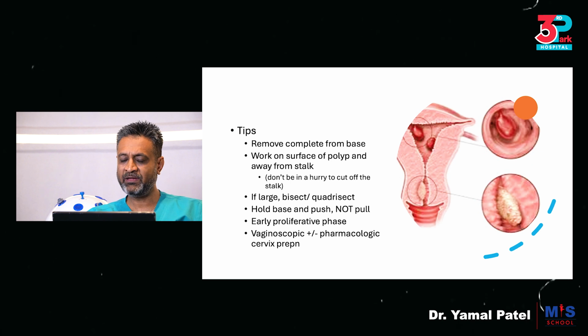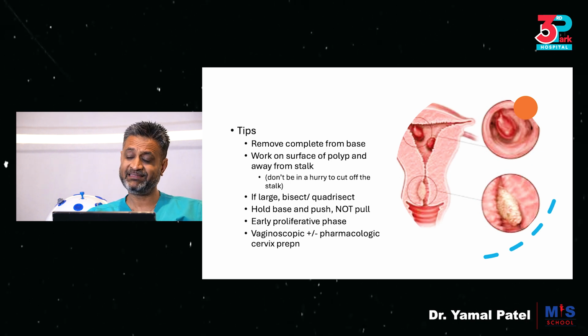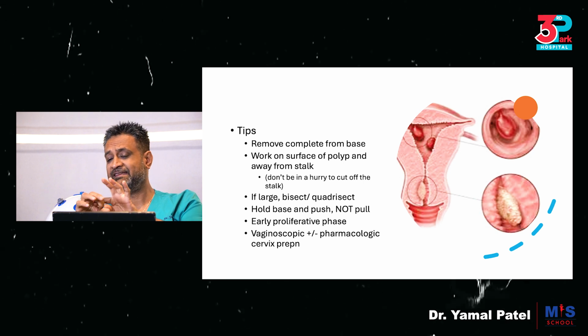Going in vaginoscopic with or without pharmacological cervical preparation makes sense, as opposed to physically dilating it with dilators, because you could have your dilator create a false passage or dig into the posterior endometrium, and it will disrupt the appearance of the endometrium and camouflage or hide the polyps away, because your dilatation has damaged the endometrial lining already.